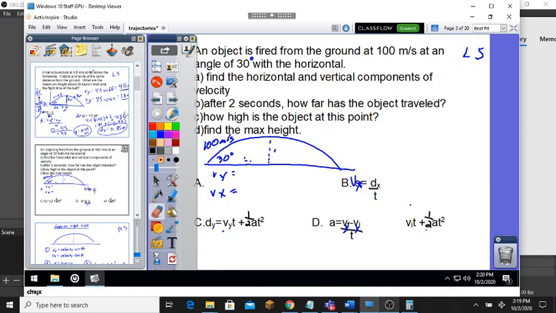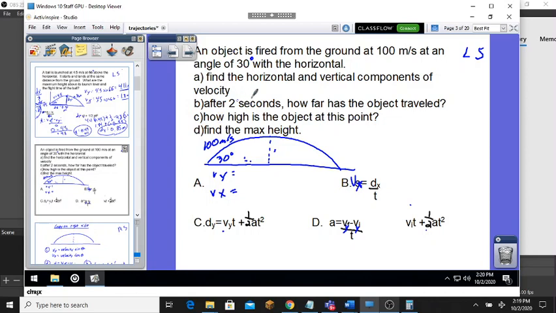Okay. So we're going to find the horizontal and vertical components. After 2 seconds, how far has the object traveled? So let's plug in all the stuff that we have here, where it says A, B, C, and D, from the formulas that we're doing. Let's do this one first, Vy.